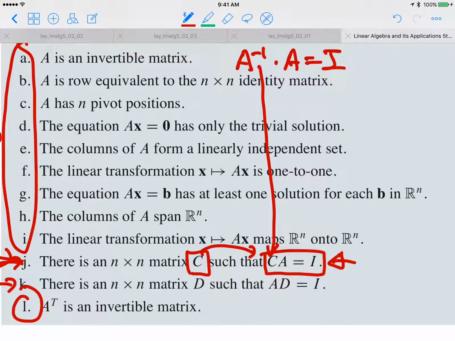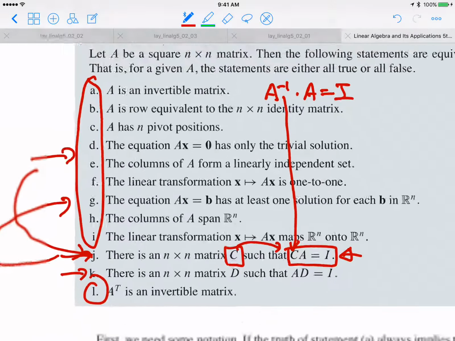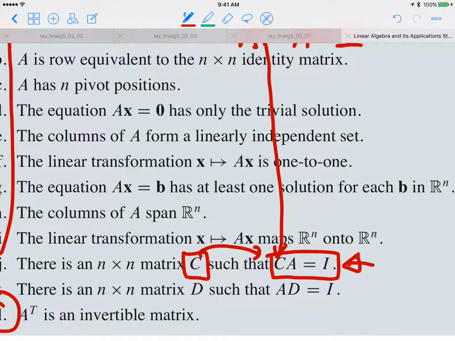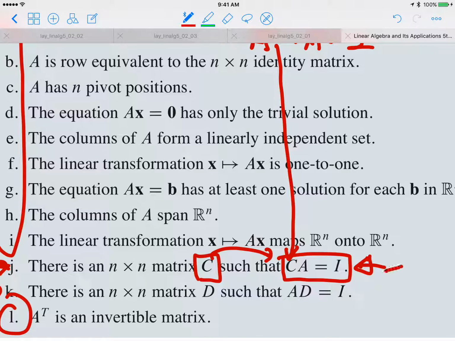So if J is true, then we can come back to one of the lists, and in this case, the equation AX equals 0 has only the trivial solution, which means there exists no free variable. Let's try to understand this. So we do not even think about the inverse yet, okay?